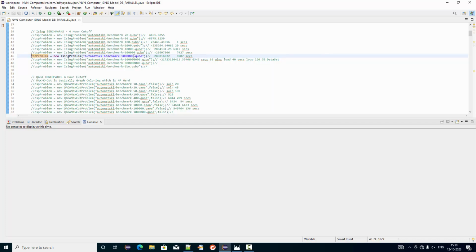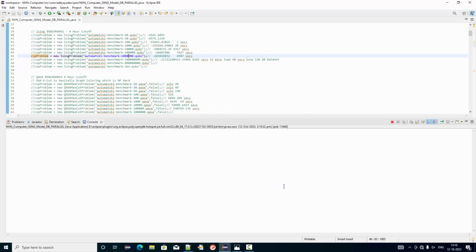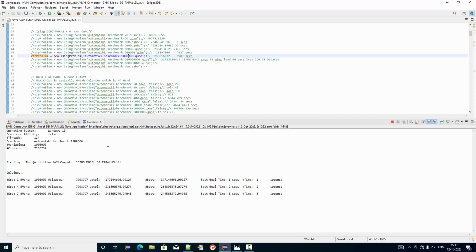So this is, if you see, a 1 million qubits formulation, and like I said, 1 million qubits for us on this test environment is a mid-size problem. My classical desktop system loads this problem.